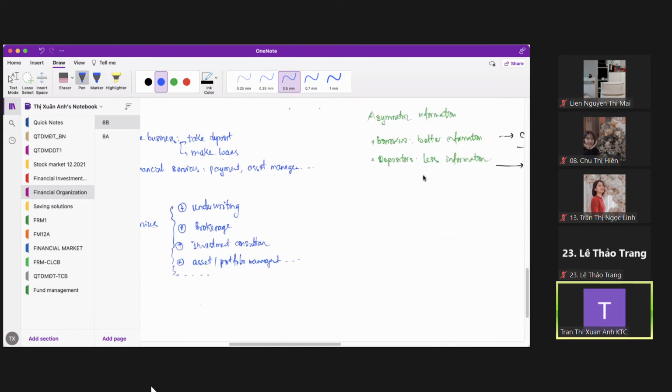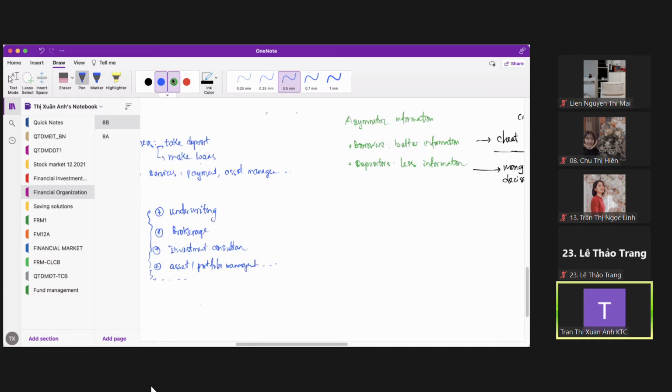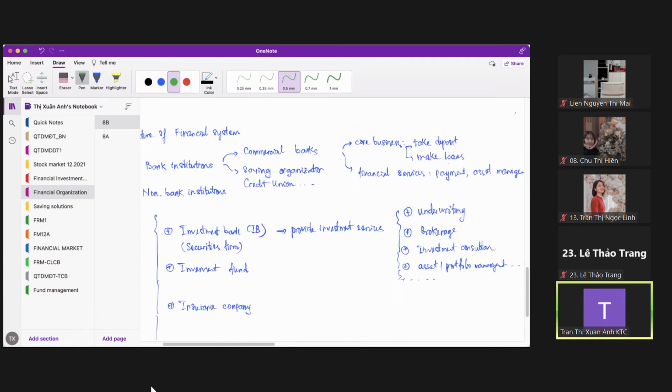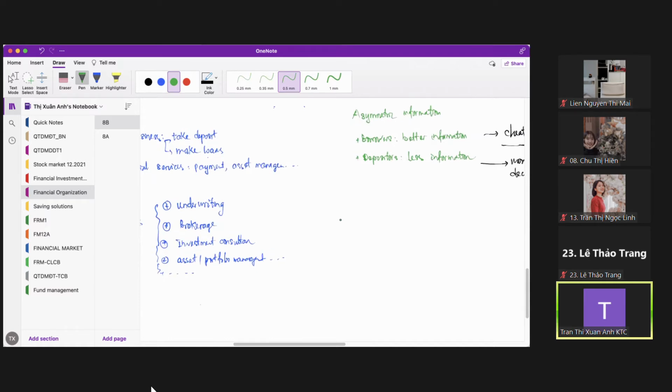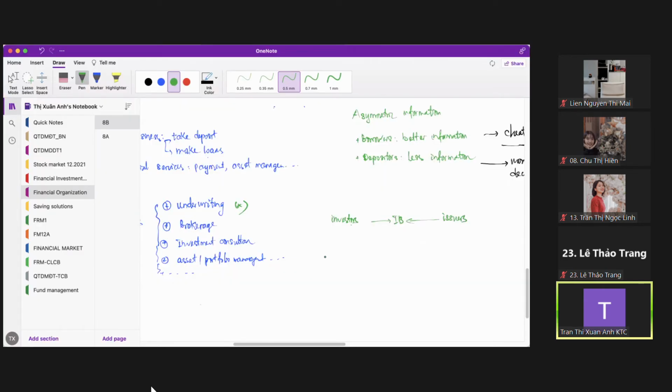So what happens if we talk about asymmetric information in relation to the investment bank? On one side we have investors. Let's say we explain in terms of underwriting. The underwriters, or investment banks, stand in the middle between investors and issuers in the economy.